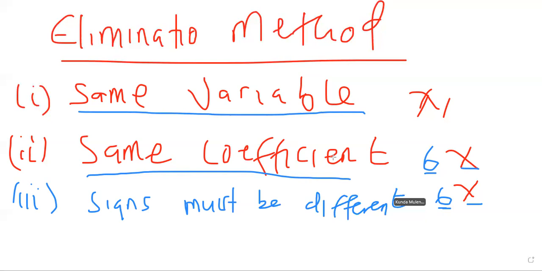So in those coefficients, if the coefficient is 6 and the other coefficient is 6, we have to make sure that the signs are different. That is what that part means.